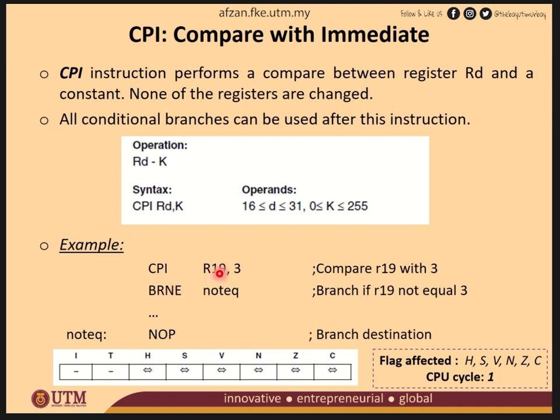If the value inside R19 is not equal to 3, you jump to this not equal instruction, which is NOP. This is the branch destination. If the value in R19 is also 3, then the values are the same, equal, and you need to do the following instruction after the BRNE instruction.